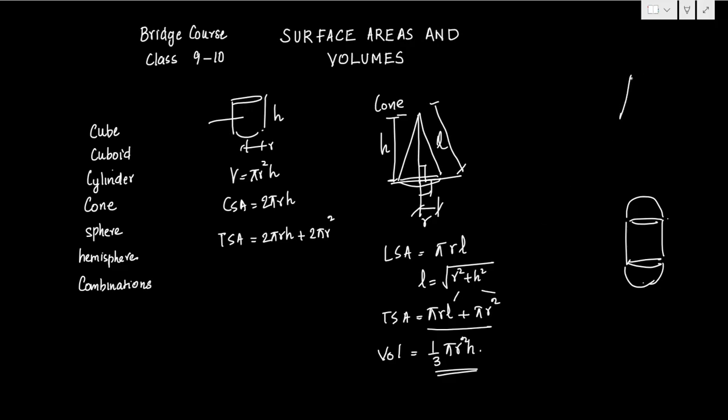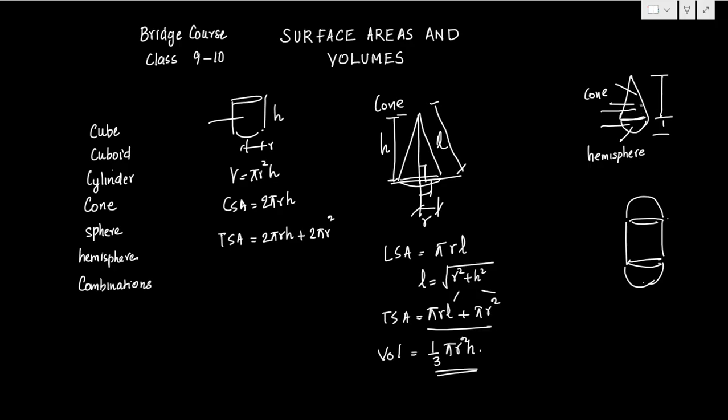You will definitely see cases where the cone is mounted on a hemisphere. I've seen this question a number of times. So you would need to know how to calculate the volume separately, how to calculate the surface area separately. For example, in this case, you have the surface area of the hemisphere plus the surface area of the cone together.